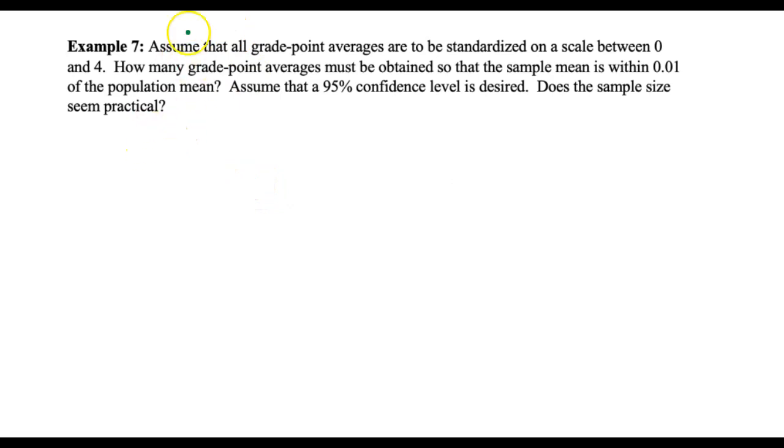And so we know that the formula we want to use is n is equal to the critical z-value times the standard deviation, divided by the standard error, all of that squared. And so we're starting off with this critical z-value.